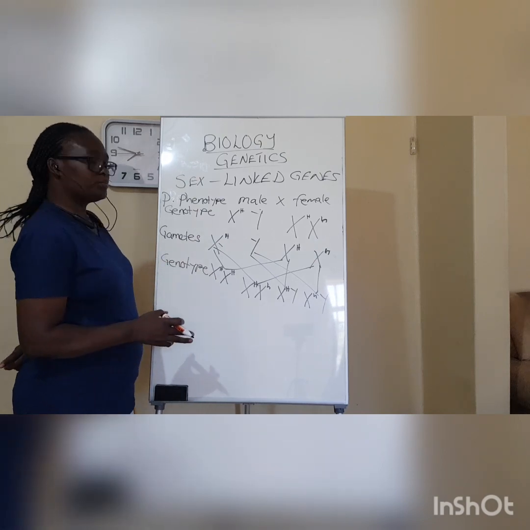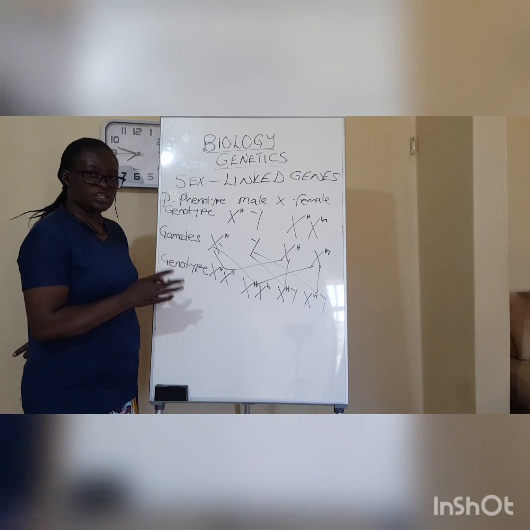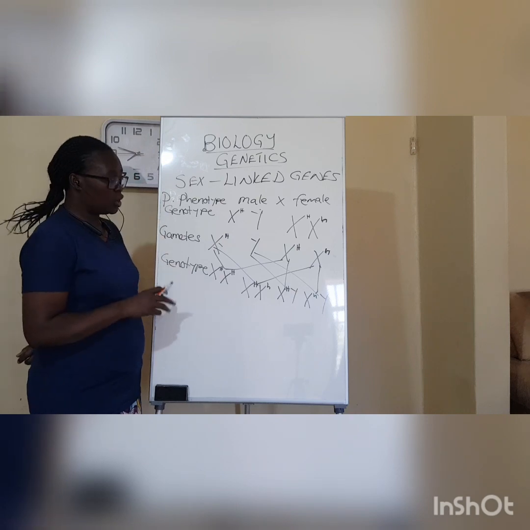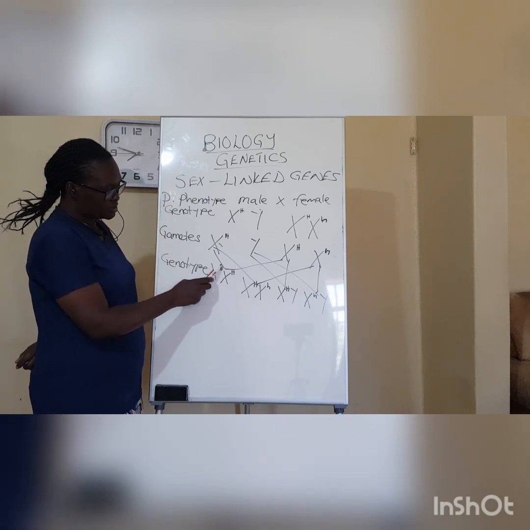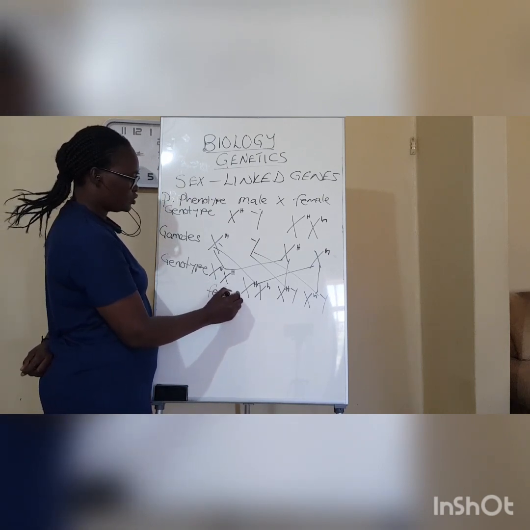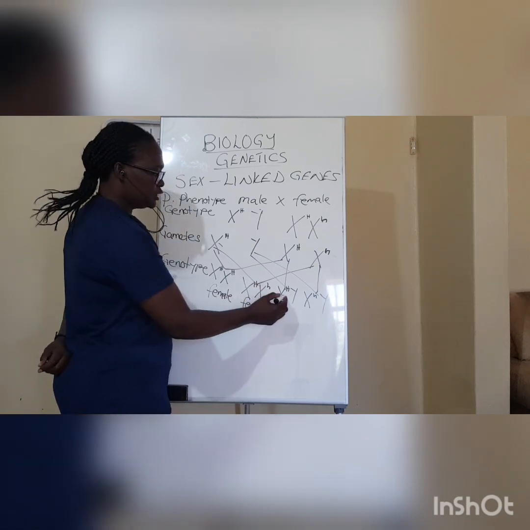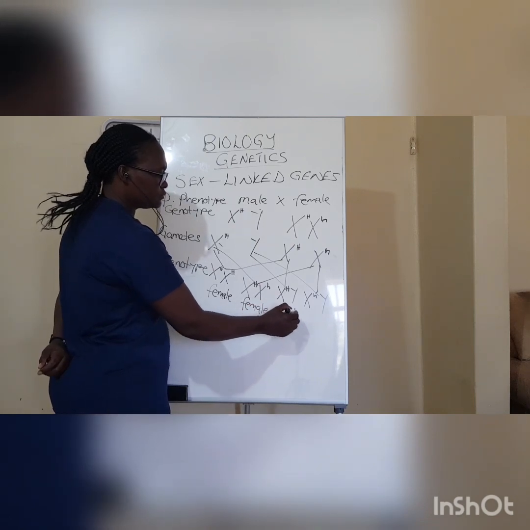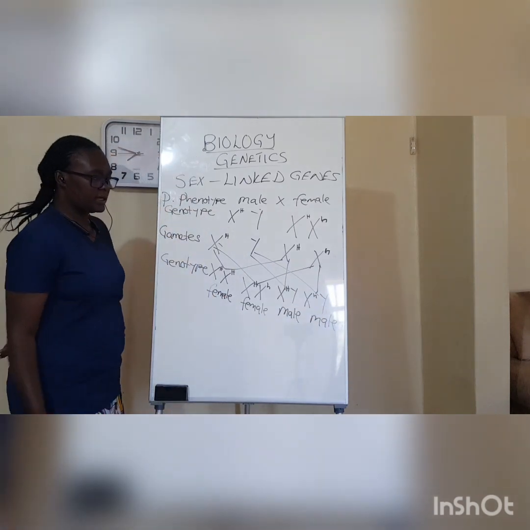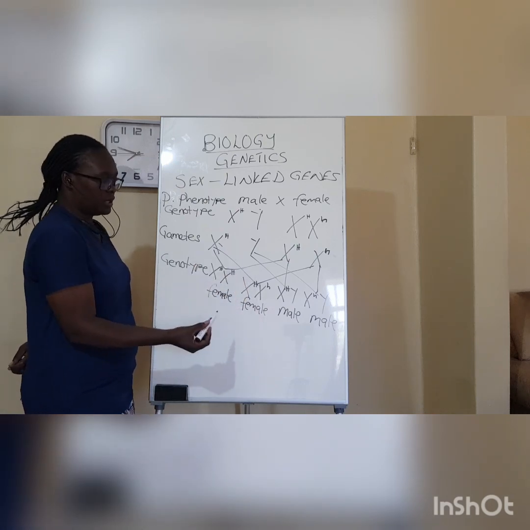Now they've asked us what would be the chance of having a male child who is hemophilic. We have already said small h is for recessive, meaning that this person has hemophilia or is hemophilic. This one is a normal girl child, so this one is female. This one is also a female carrier, isn't it? Because there's a capital and small letter. Then this one is a normal male. This one is hemophilic because he has a small h on his X chromosome.